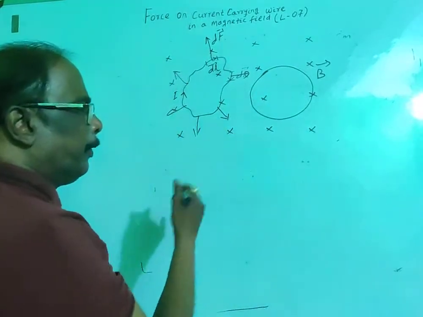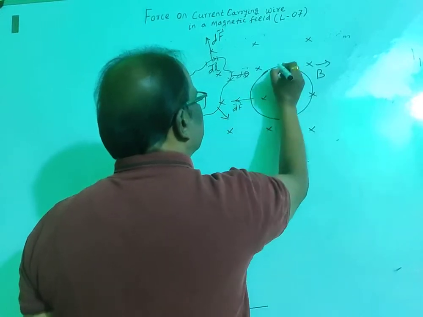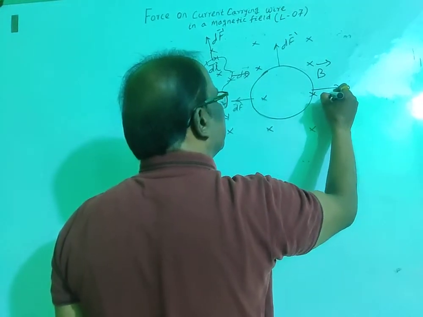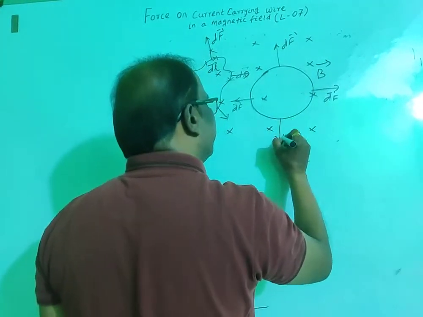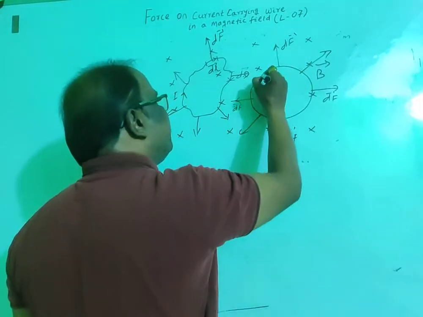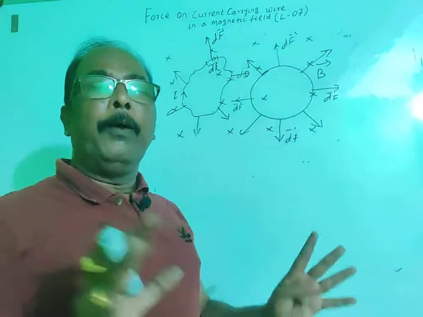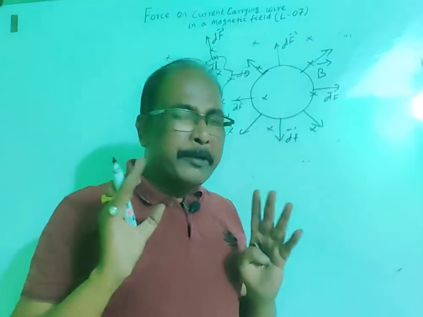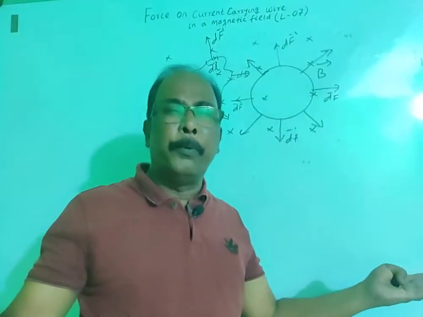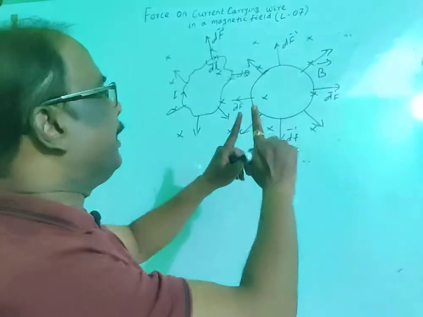Symmetrically, you may represent these forces df, df, df, df, etc. If an irregular loop carrying current is placed in a magnetic field in such a way that the plane of the loop is perpendicular to the magnetic field, then it will open to a circle.